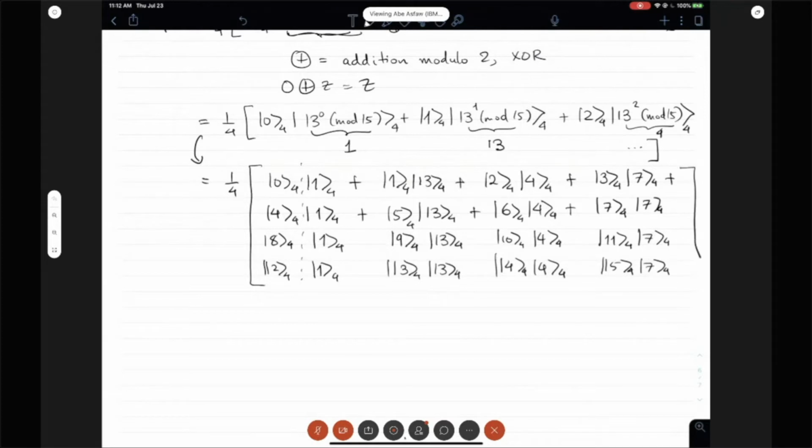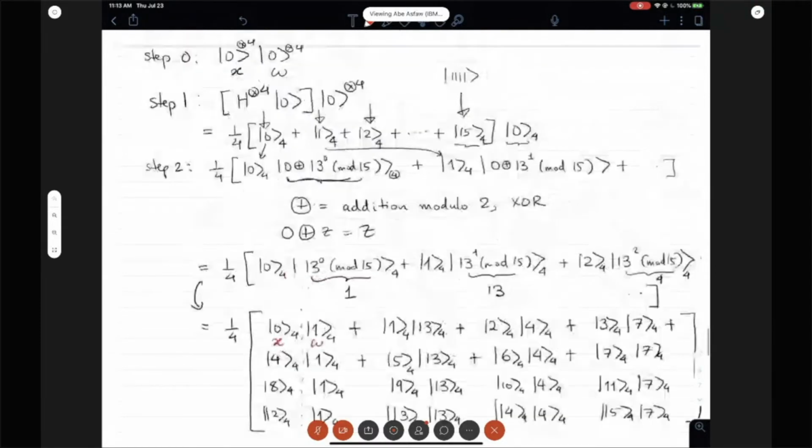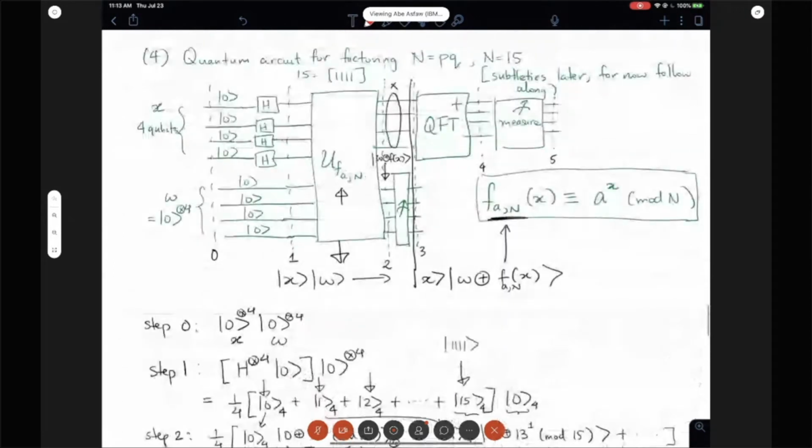The reason why I'm paying this much attention and writing down all of these numbers is because I think it's important the first time you're seeing Shor's algorithm working to see all of these laid out in some good detail. All right, so this is what the X and W register look like after the application of that box that we drew in our circuit. So now we're at the output of that box.